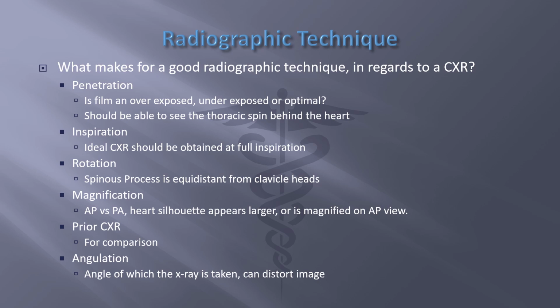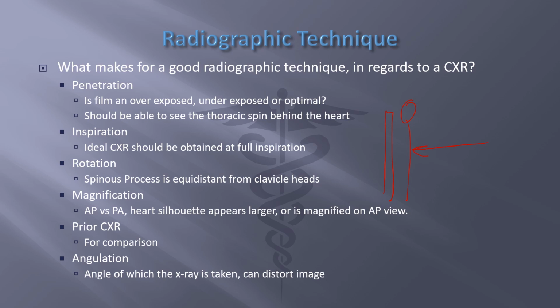And also, when you take an X-ray, if there are other prior X-rays, you want to take a look at those. Like if they had an X-ray yesterday or last year, you want to look at both of them and compare. And angulation is the angle at which the X-ray was taken. Of course, if you have the film here and the patient here, you want to shoot the X-ray perpendicular.